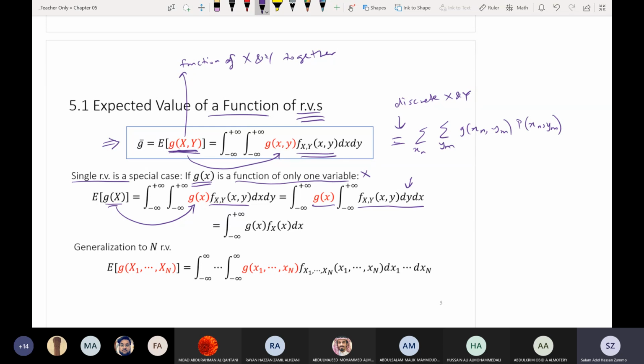If you integrate with respect to y, what do you get, Shabab? What does this give me? 1? No, not 1. If I integrate with respect to y, what is this?